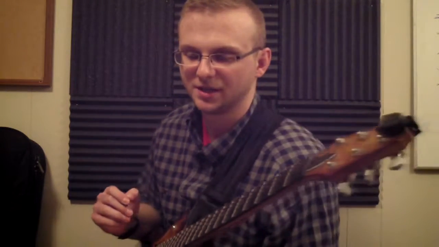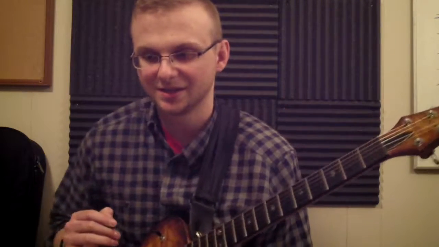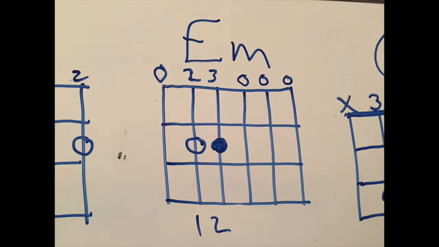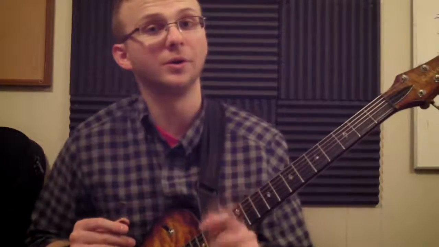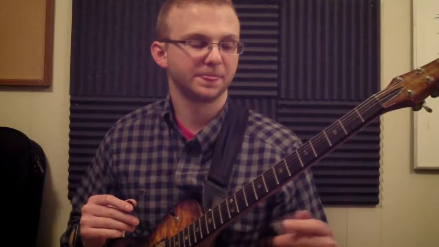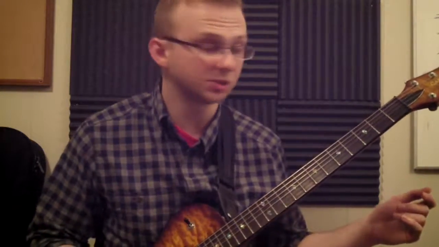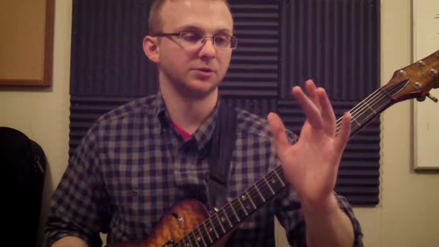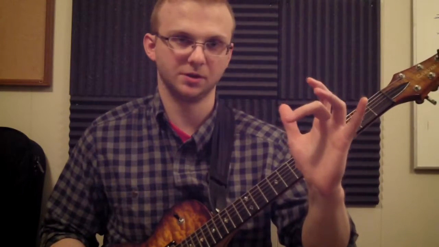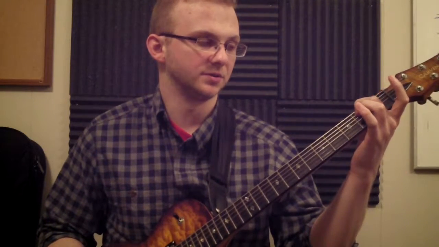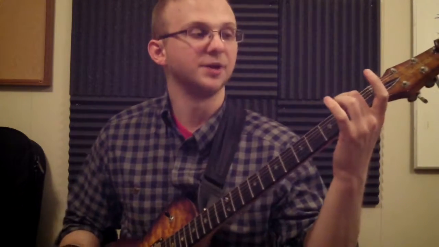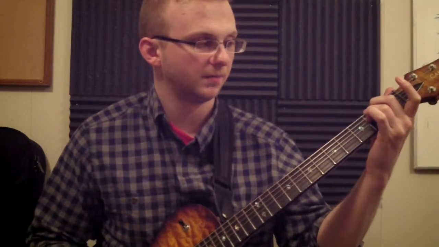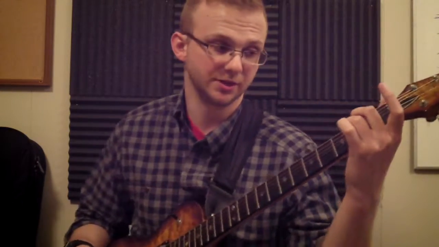The next chord is going to be E minor. And that is played one of 2 ways. So it's going to be all 6 strings. You're going to either take your 2nd finger on the 2nd fret of the 5th string and your 3rd finger on the 2nd fret of the 4th string.